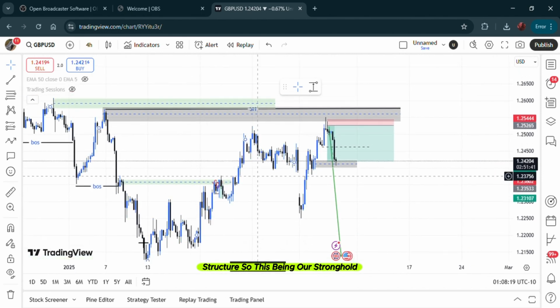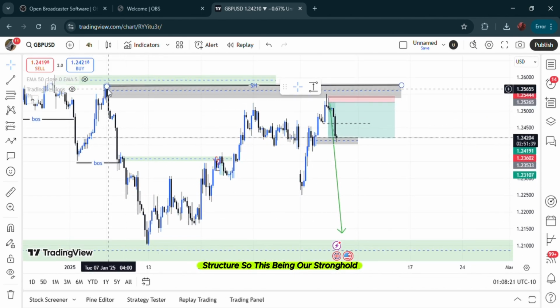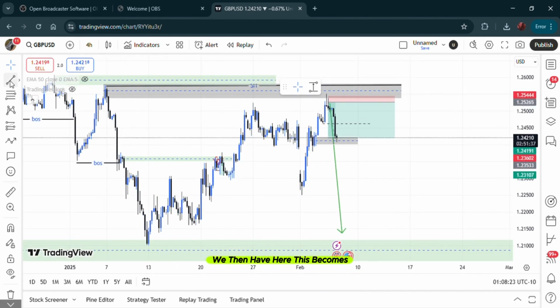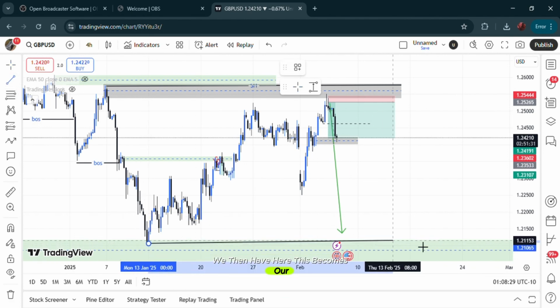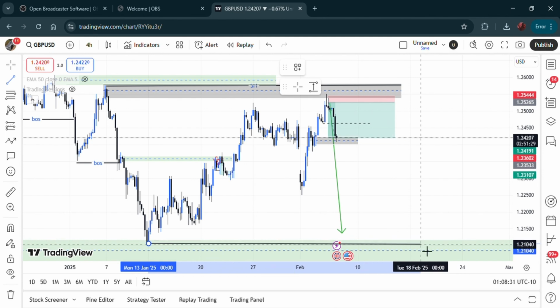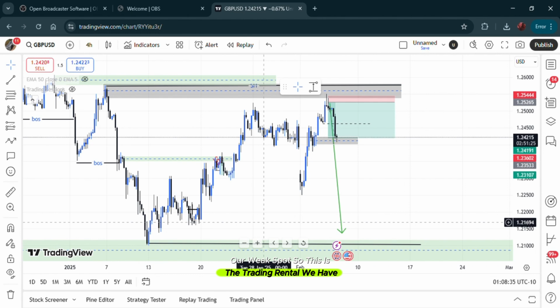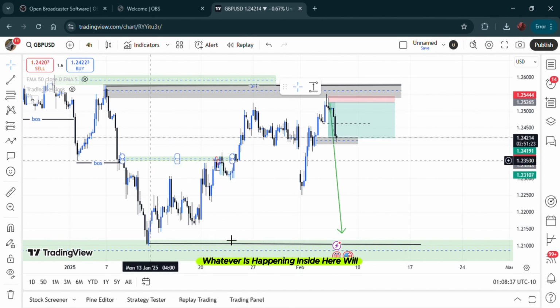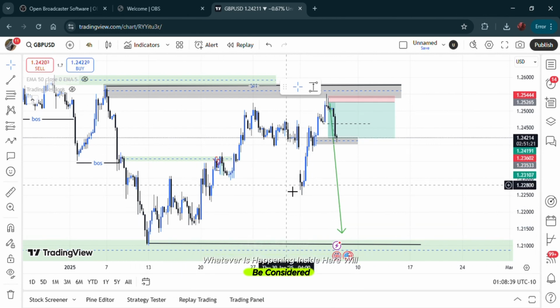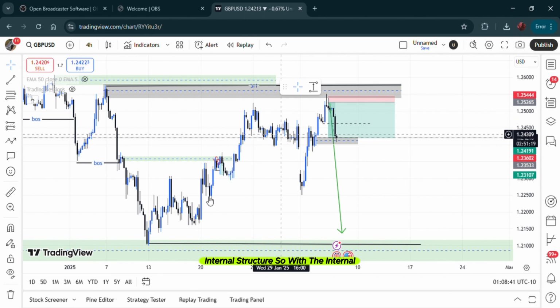So this being our strong high, we then have here, this becomes our weak low. So this is the trading range that we have. So whatever is happening inside here will be considered internal structure.